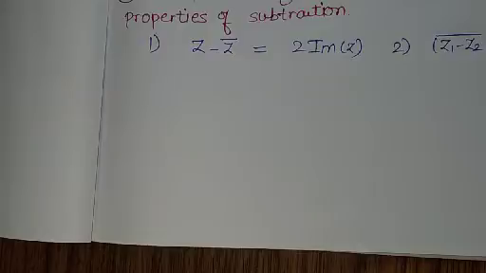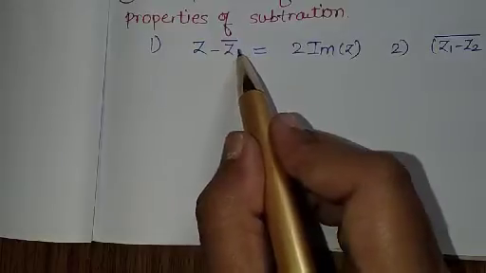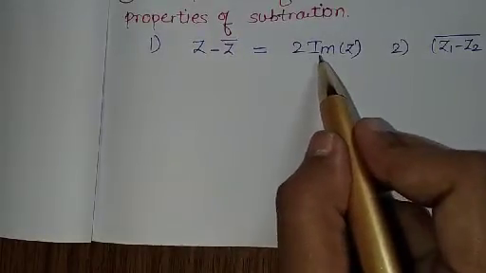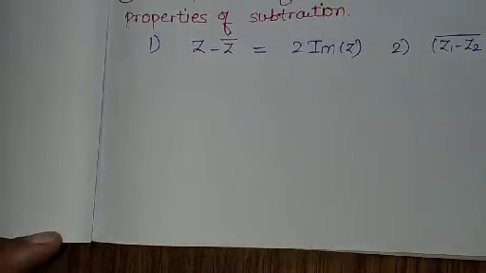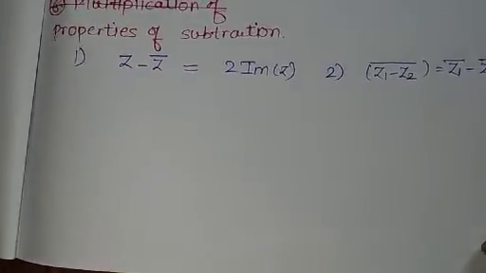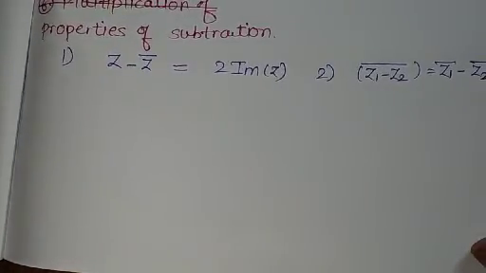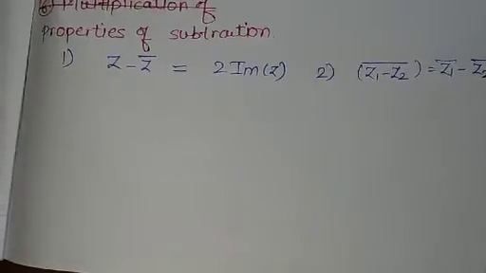Next, properties of subtraction. The first property is z minus z conjugate is equal to 2 into the imaginary part of z. And the second property is nothing but z1 minus z2 conjugate is equal to z1 conjugate minus z2 conjugate.